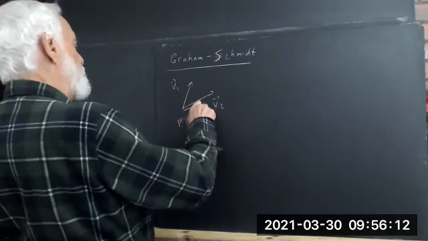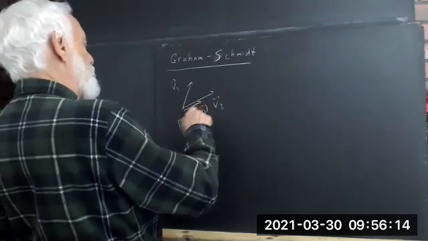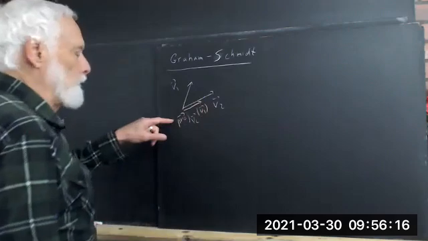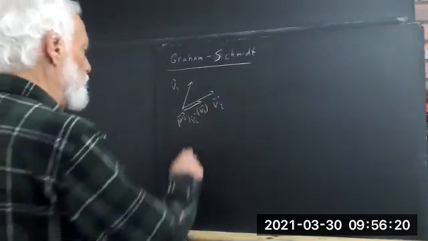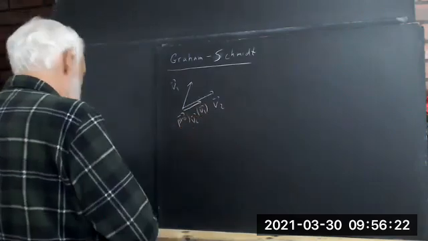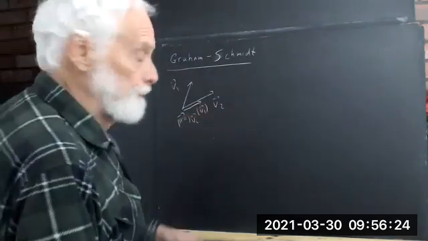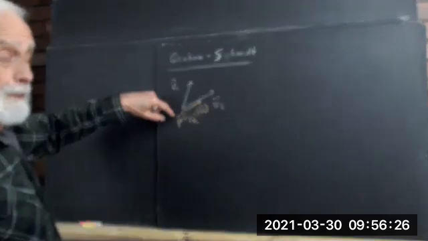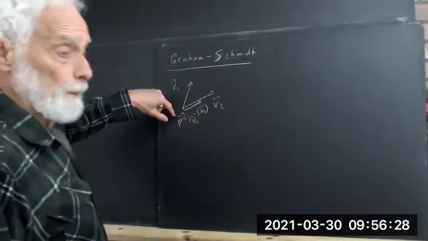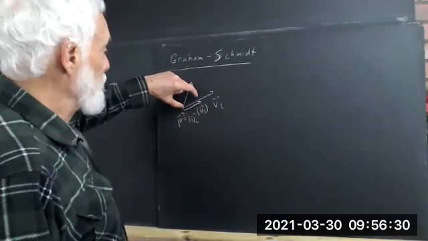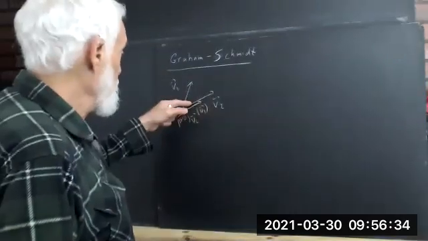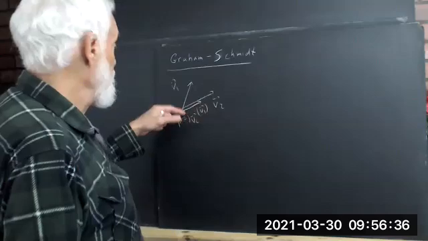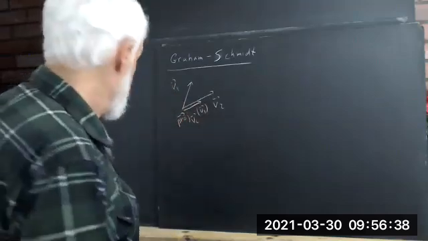The projection onto V2 of the vector V1, and it's a vector. So we put an arrow over the projection, and actually we've got two vectors here, and we put arrows over them. It's easy to forget. If you don't have an arrow over this projection, it's the scalar projection, which is just the length of this, and positive or negative, depending on whether this angle is acute or obtuse.